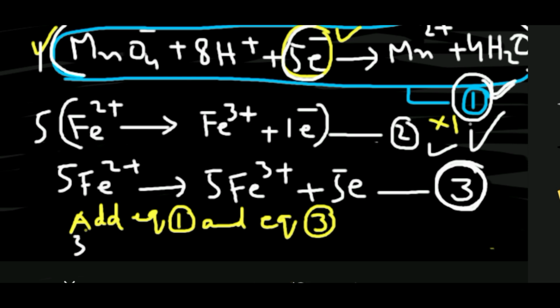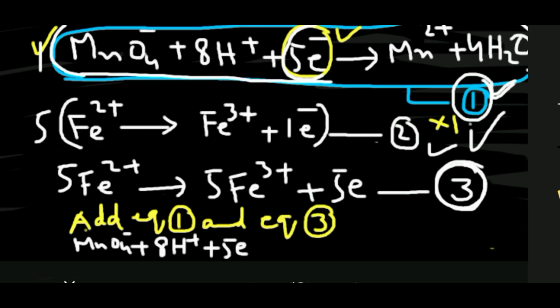Equation number 1 is MnO4 minus plus 8H plus 5 electrons on the reactant side. Now on the reactant side of equation number 3, we have only 5Fe2+.